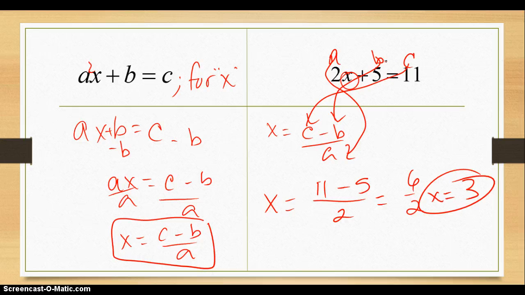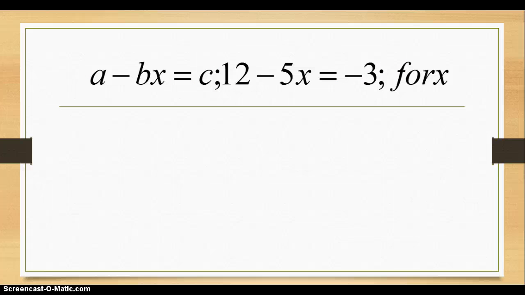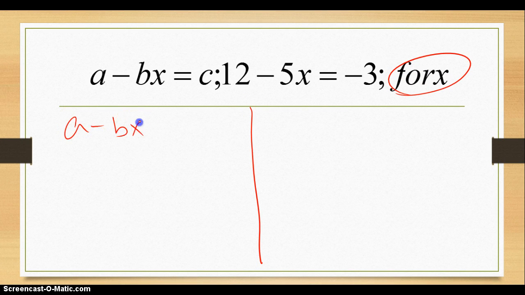So what they're going to have you do is solve a literal equation first today. They're going to tell you what letter to solve for, and then give you some information to plug in to find out what the variable equals. Let's take a look. We have a minus bx equals c, and then 12 minus 5x equals negative 3, and we're solving for x again. We subtract a over.